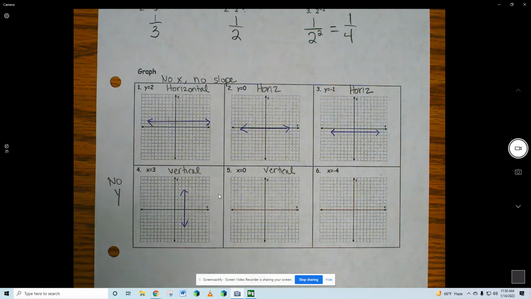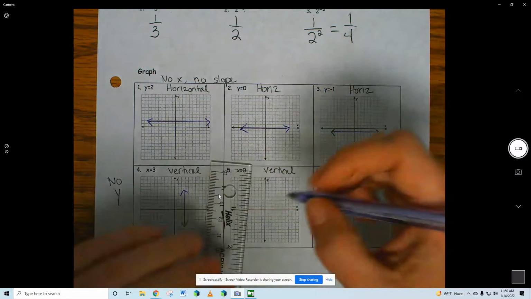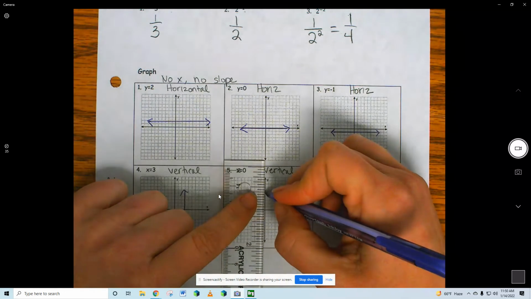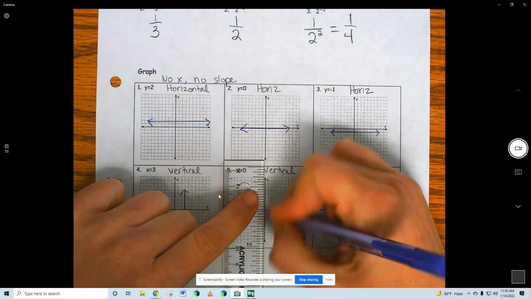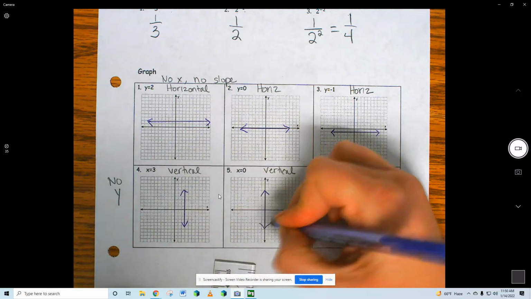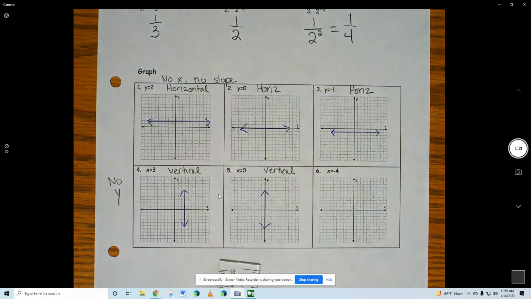Okay, so x equals 0 is also a vertical line at 0. But it looks like it's the same as the y-axis. Lastly, x equals -4.